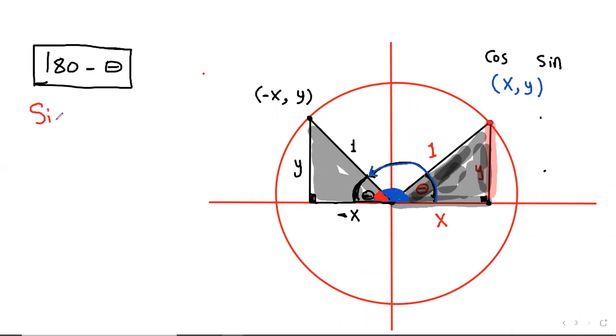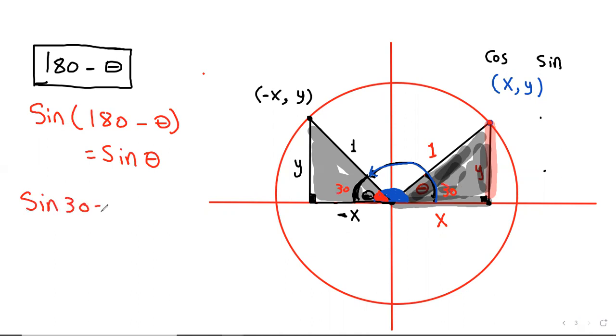So sine 180 minus theta is the same as sine theta. What does it mean? If this angle is, let's say, 30, then sine 30, all of us know, is half. What about this angle? It's the same, it's half. But we say sine 150, not 30. Why 150? Because this angle in the standard position is not 30, it's 150.